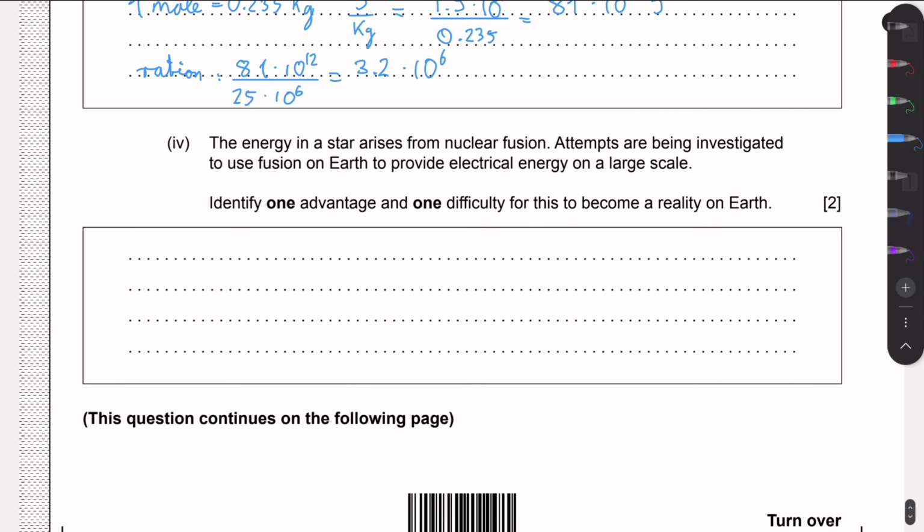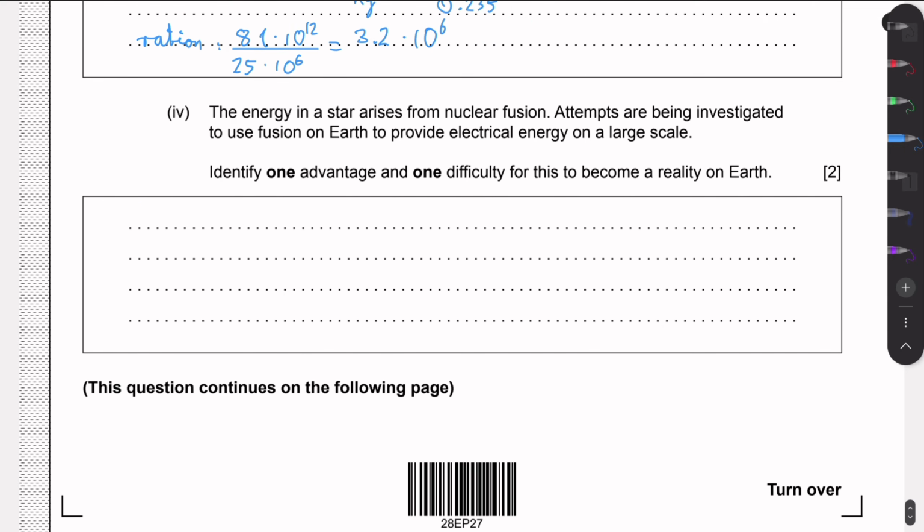And then we are also told that energy in a star arises from nuclear fusion. We need to identify one advantage and one difficulty for this to become a reality. So one advantage is that we have no radioactive waste.